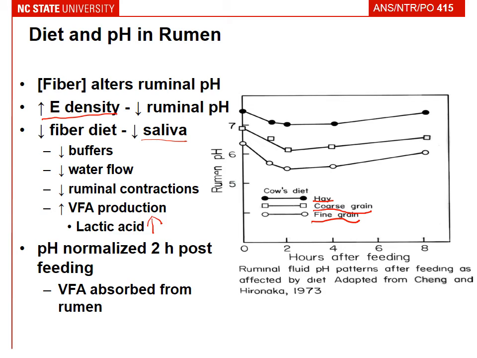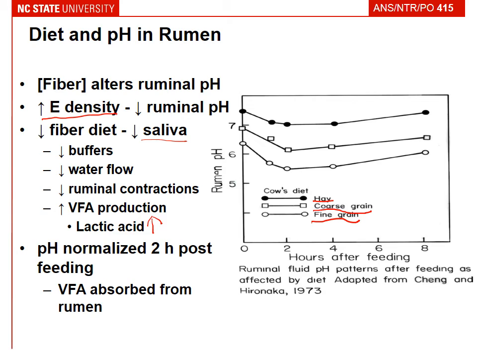And our coarse grain, because the ruminant microorganisms still have to break up some of that cell wall for the animal, their pH starts at 7 and then goes down and it eventually comes back. But our fine grain, they start at a pH less than 7.